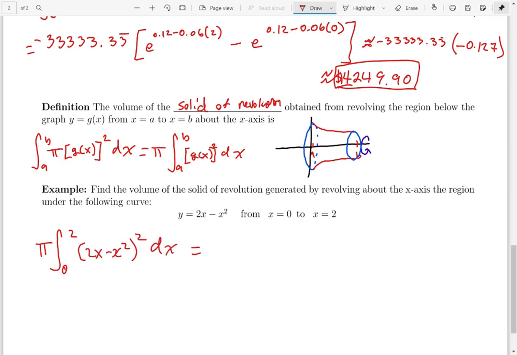Well, the first thing we have is a binomial multiplication, so I do need to take care of that. That's going to be pi times the integral from 0 to 2 of, first, 2x times 2x is 4x squared. Outer is minus 2x cubed. Inner is minus 2x cubed.